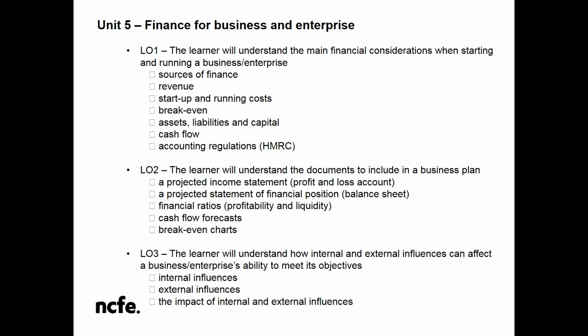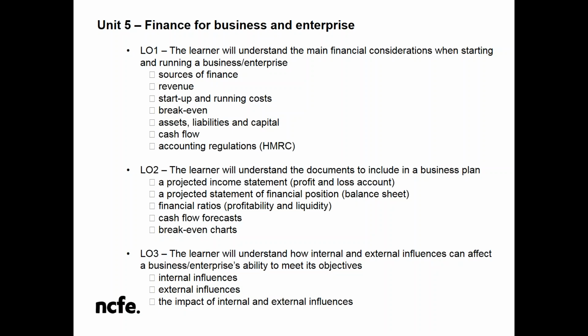Going on to learning outcome 3, understanding how internal and external influences can affect a business's ability to meet its objectives. We'll be looking at three key things around internal and external influences and the impact of those influences.